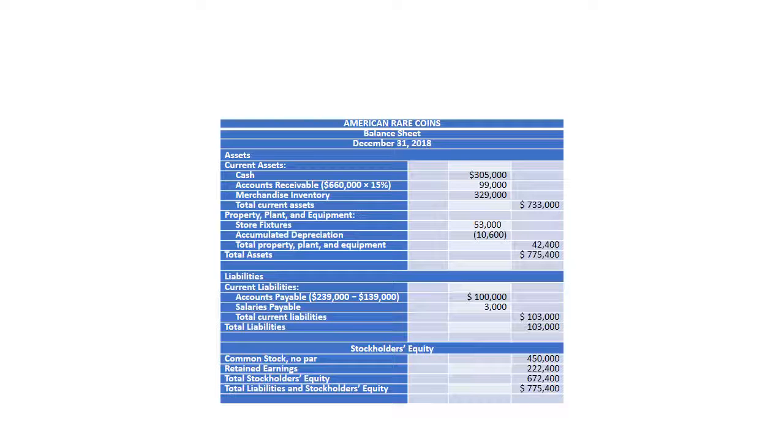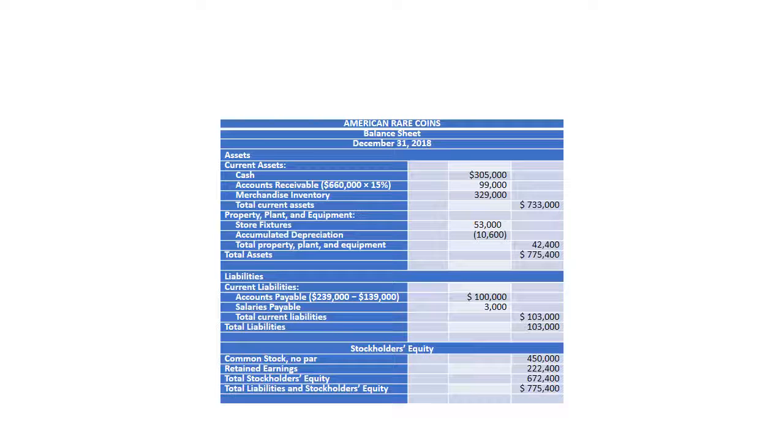The store fixtures only has one item in it, so that has a $53,000 debit balance. Accounts payable has a credit balance in it of $100,000. Salaries payable has a credit balance in it of $3,000.